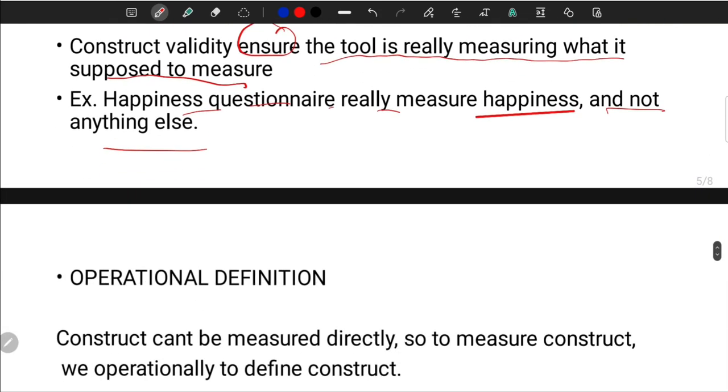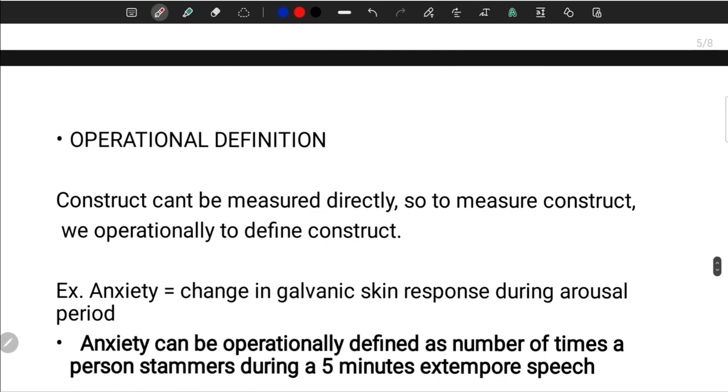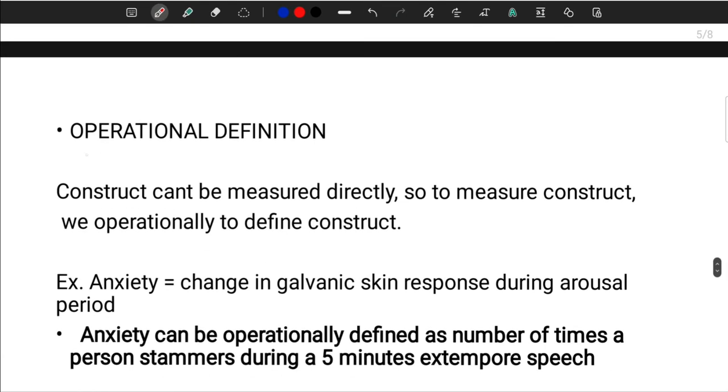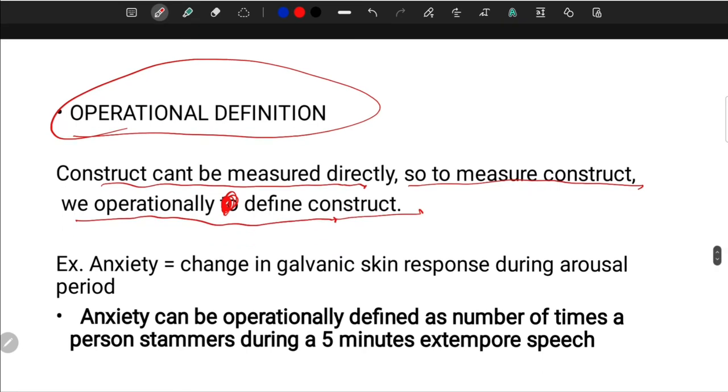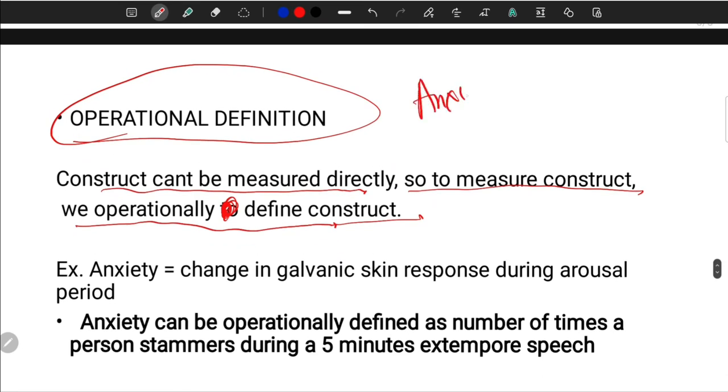And for this construct validity, we have one operational definition. Because a construct cannot be measured directly, to measure a construct, we operationally define it. For example, we have taken anxiety here.